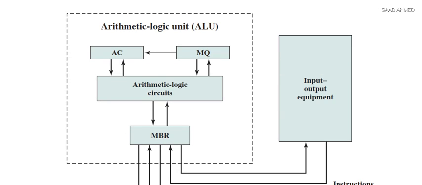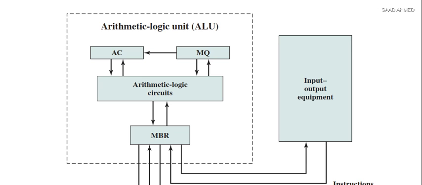Then, if you go back to the first part of this diagram, you can see the AC and MQ. AC stands for accumulator and MQ is the multiplier quotient in this particular system, the IAS system. Okay, we have different names in the microprocessors we use today, but the functions are almost the same.